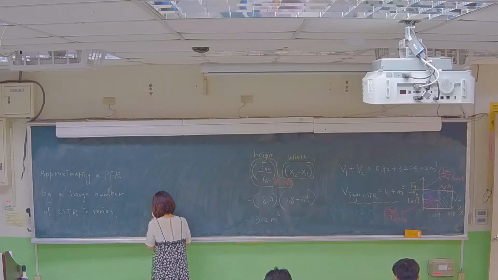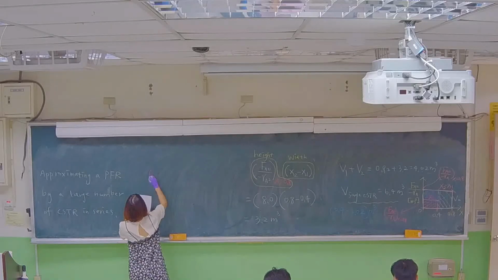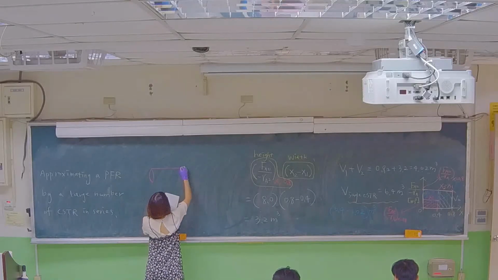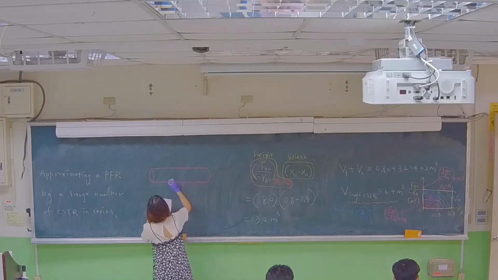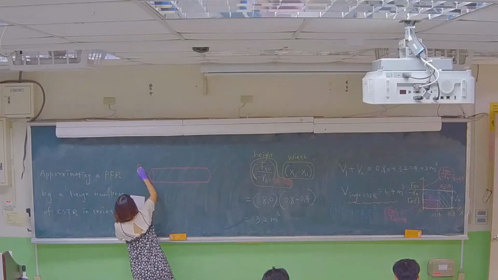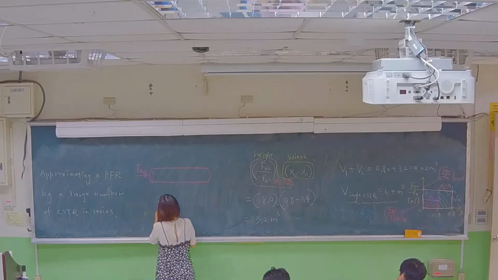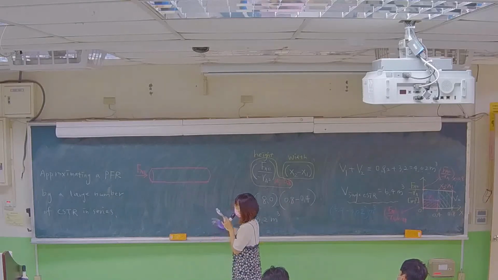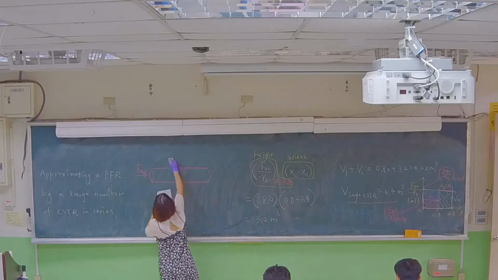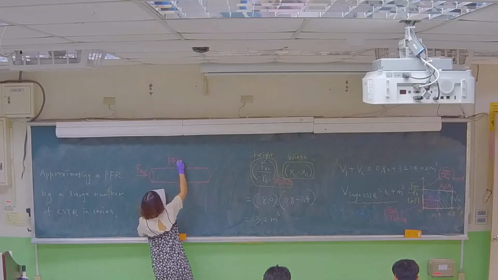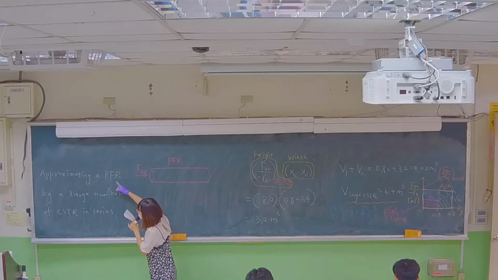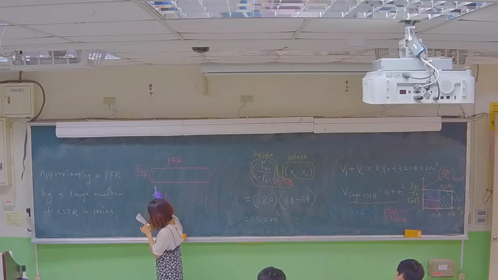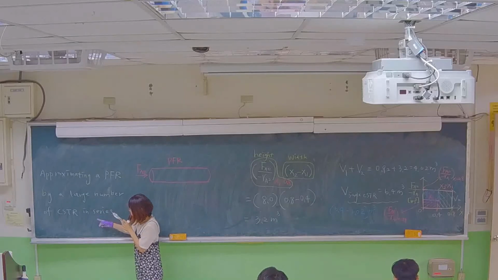So now let me draw a tubular reactor, PFR. If the PFR is like this, this is the inflow. Okay, this is a PFR, right? But I want to approximate a PFR by a large number of CSTR in series.